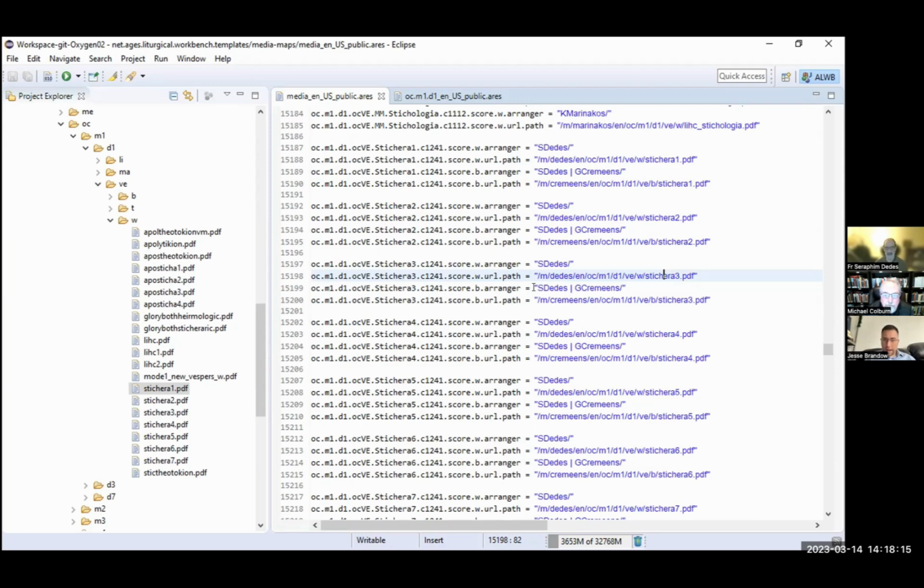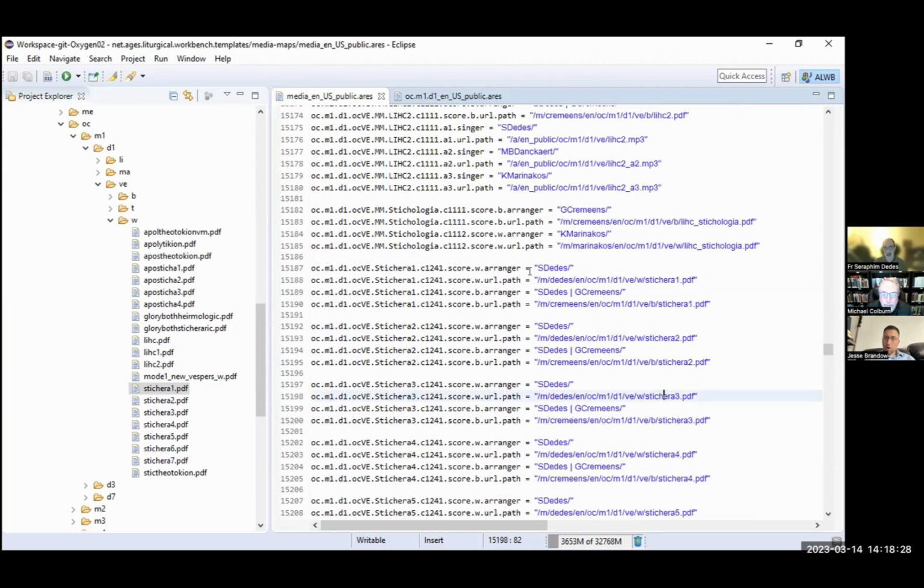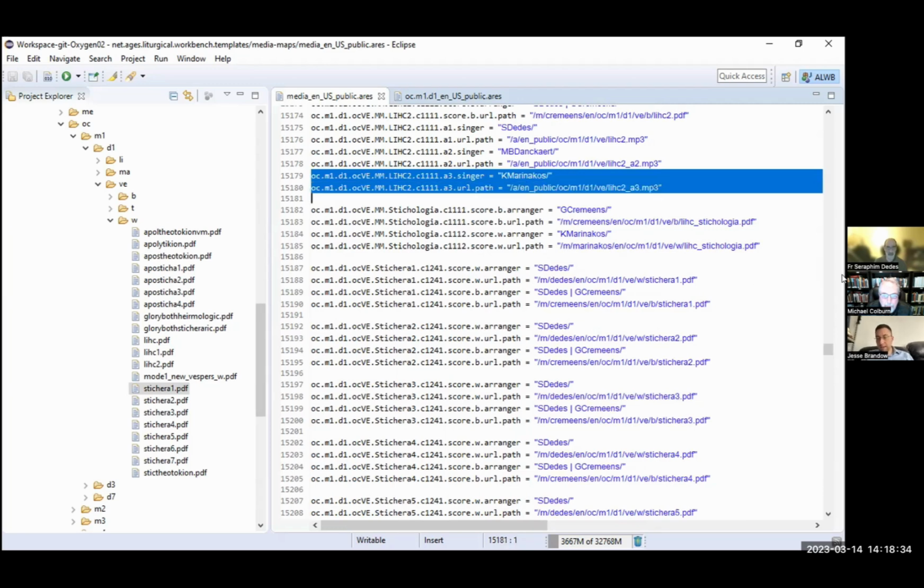And is it just arranger or URL path, or are there other URL things? There used to be, but now it's just arranger and URL path. If it's audio, it's singer. Okay. It's singer and URL path for audio. Oh, I see. It's singer and then the URL.